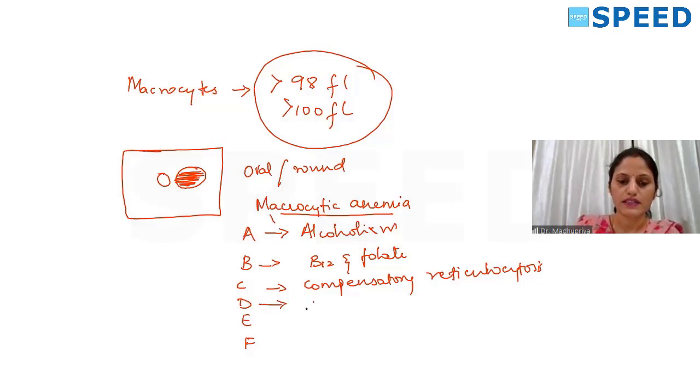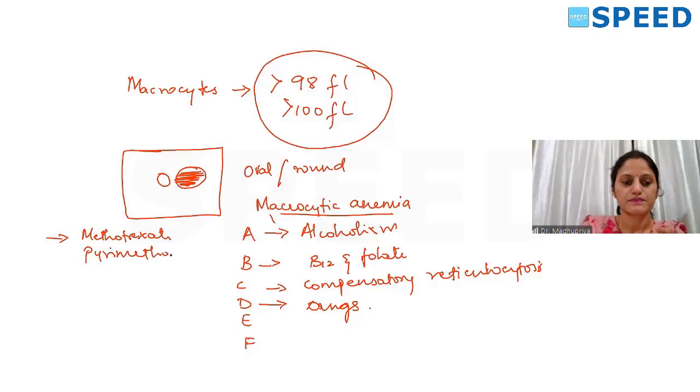For D, you can remember it as drugs. When it comes to drugs, you can have drugs whose mechanism of action is antifolate, including methotrexate, pyrimethamine, trimethoprim.